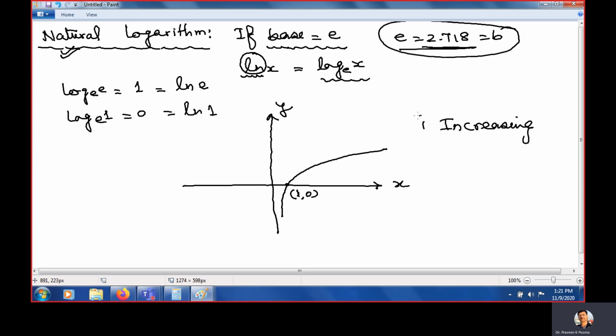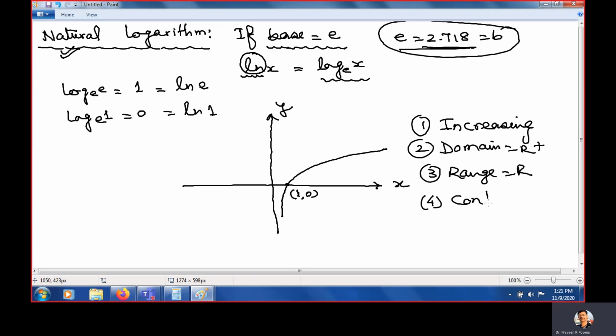Domain is the same, R plus. Range is R. And the fourth property, it is a continuous graph.